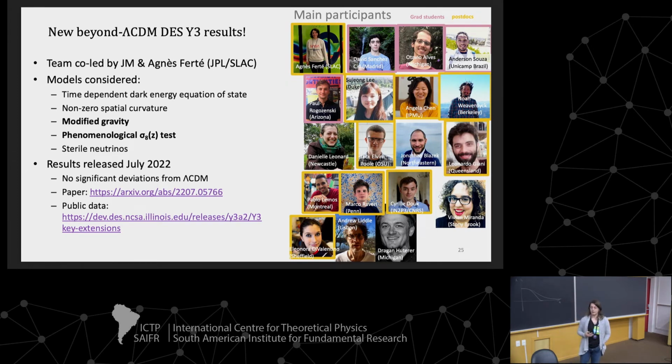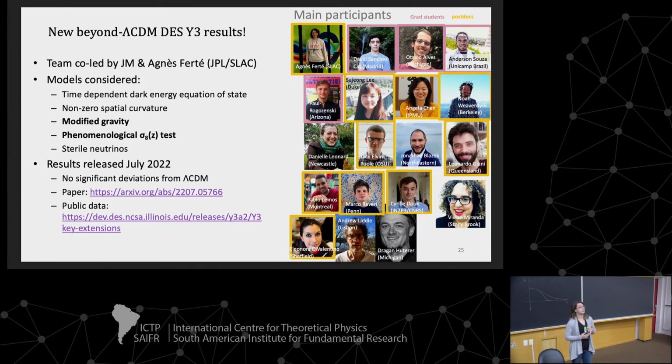Within DES, we've had an analysis team working to extend the galaxy clustering and weak lensing analysis to a number of models beyond lambda CDM. This is showcasing some of the people that have been involved in that analysis. The models that we constrain include time-dependent dark energy equation of state.